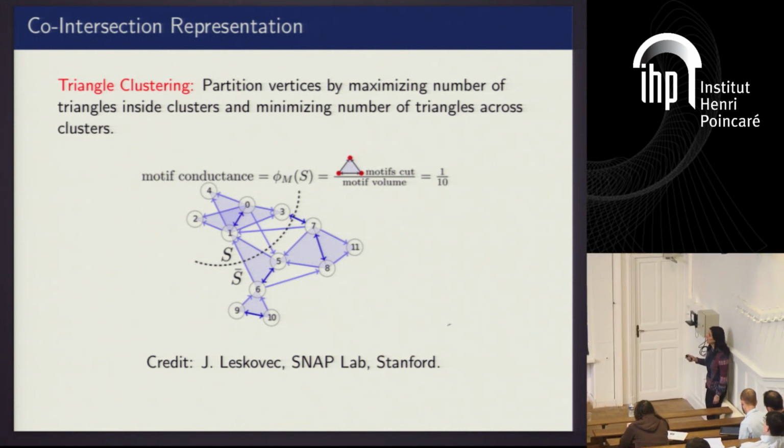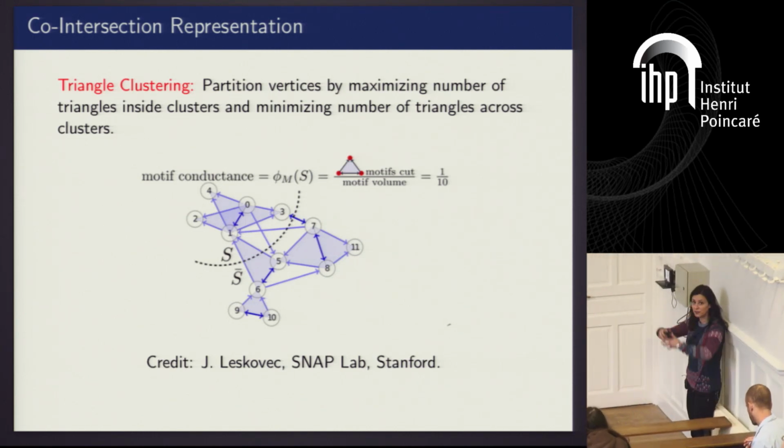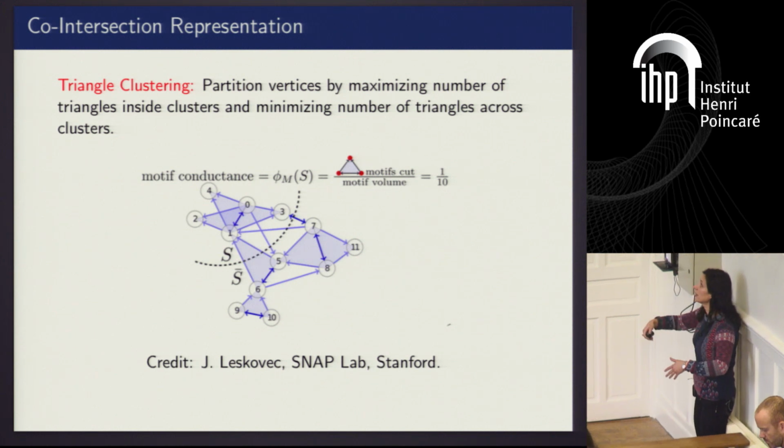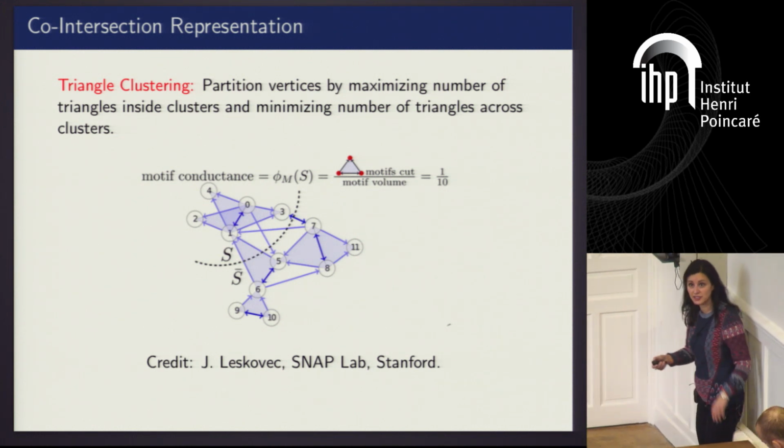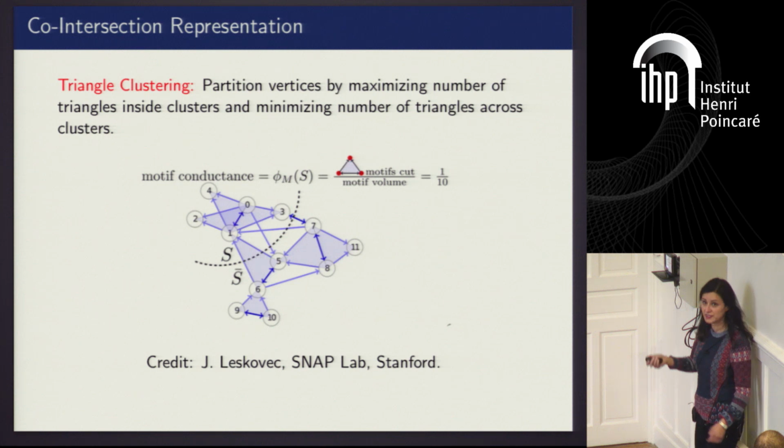We can talk about motif conductance or triangle conductance as the number of cut triangles divided by the volumes of the motifs or the triangles. For example, here is a graph cut. These are triangles that ended up on one side, and then there are some triangles that ended up across the cut.